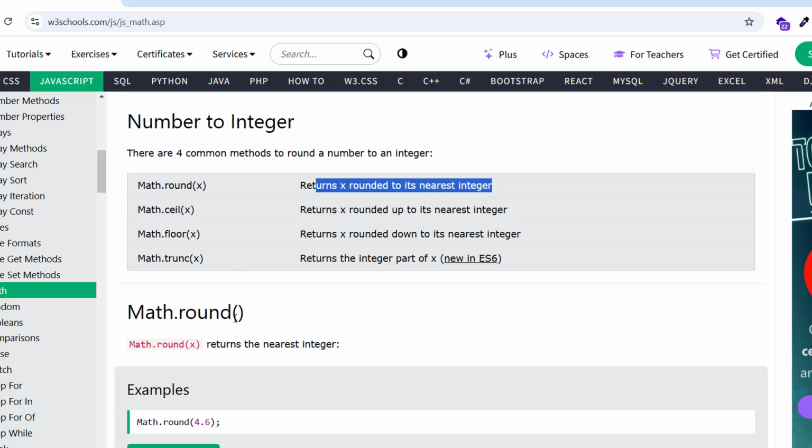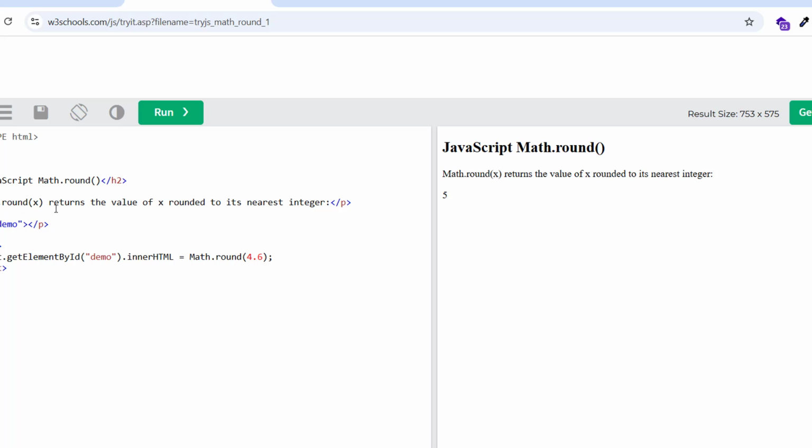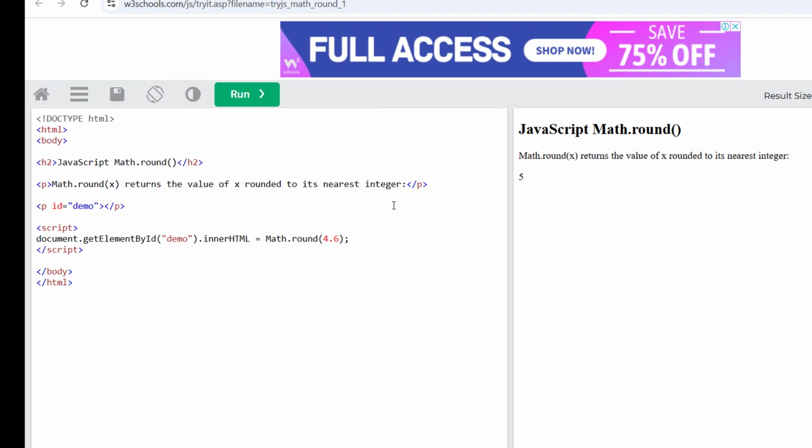We'll see the examples. Math.round returns the value of x rounded to its nearest integer. So the nearest integer of 4.6 is 5. Why 5? If it is 4.5 or above, it will return 5.